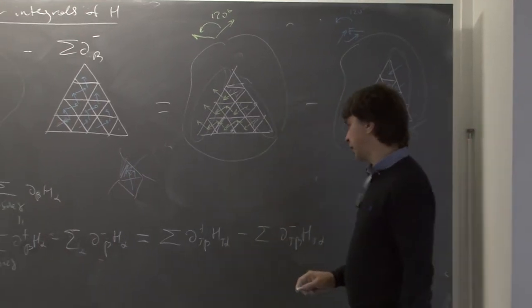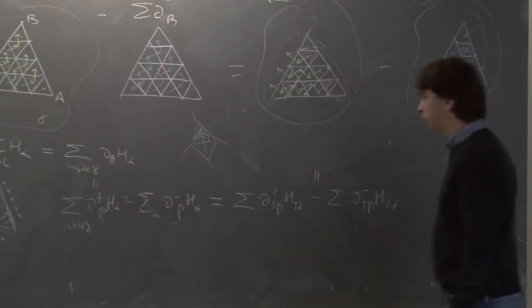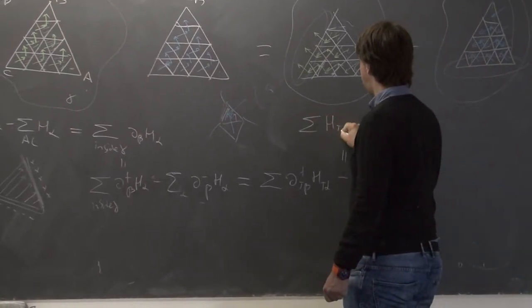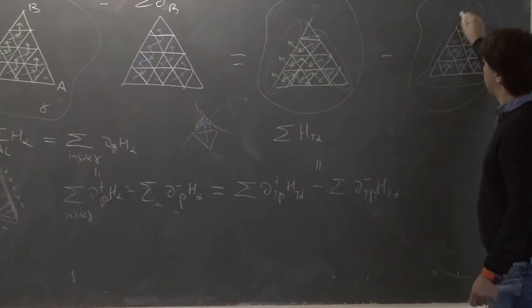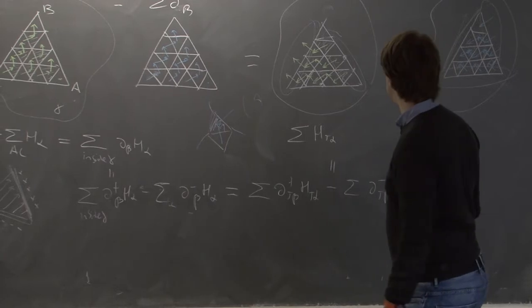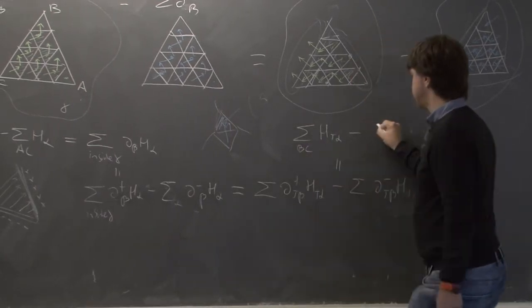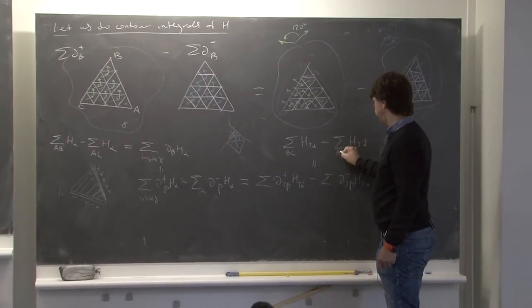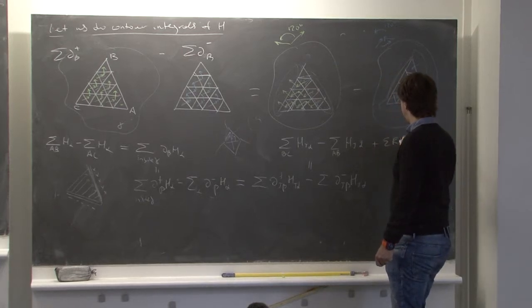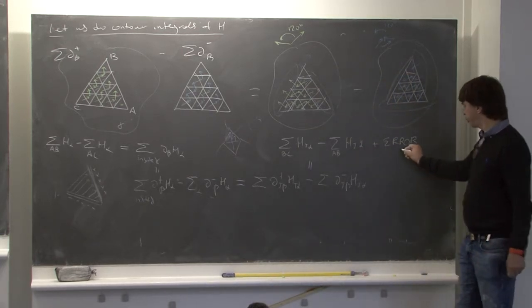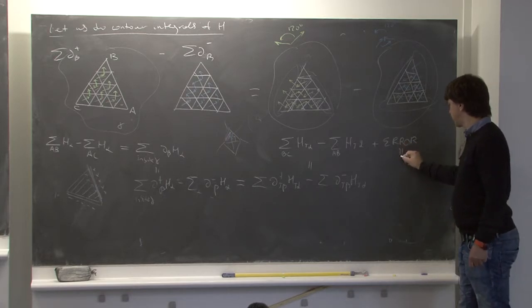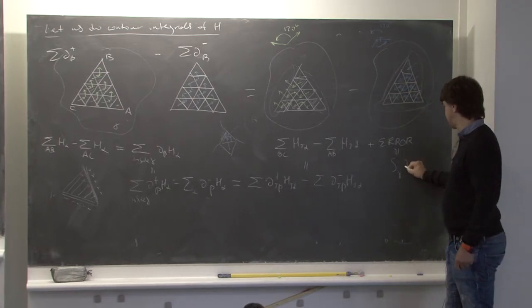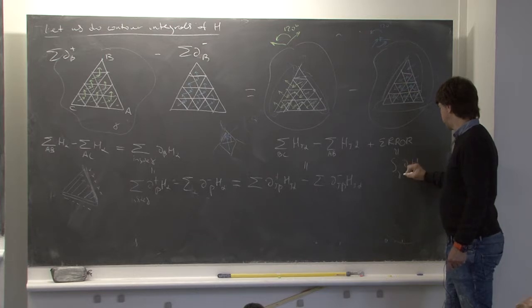But basically, the conclusion is that this whole thing is the sum of h tau alpha on this arc, which is BC, minus the sum of h tau alpha on the arc AB, plus an error term. The error term is basically of the order that you sum over the length of gamma some terms, things like d alpha, d beta h.